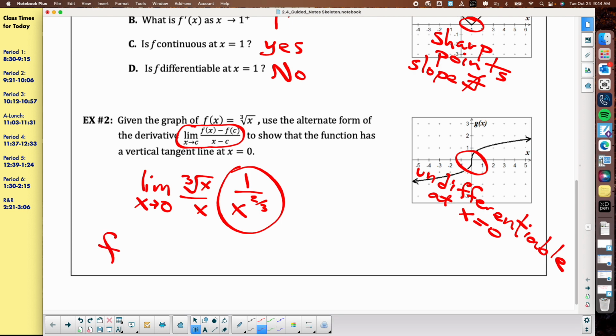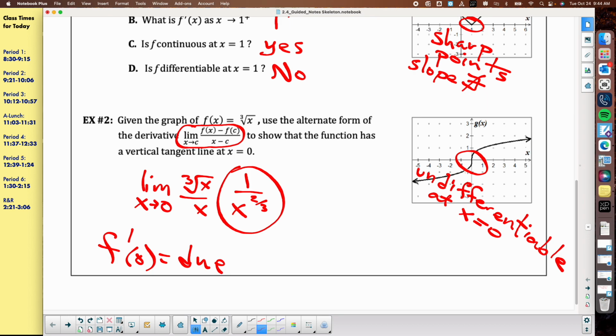F prime DNE, does not exist. That's actually not accurate. F prime exists in a bunch of places. It doesn't exist at 0. So if you wrote f prime of 0 equals DNE, that's okay.